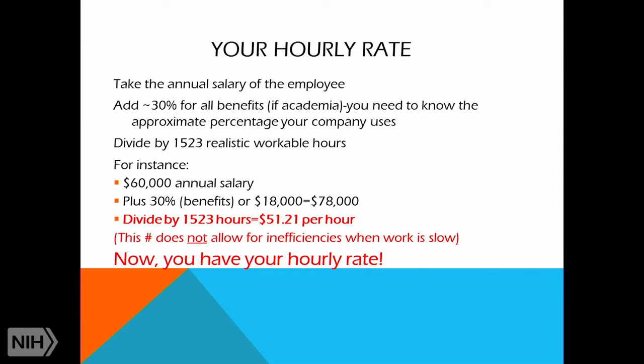And so you divide that by the 1,523 realistic workable hours in a year. If you have $60,000 as my example for salary, plus 30% for benefits, which is $18,000, that's $78,000. You divide by the 1,523 hours, and it's $51.21 an hour. So this does not allow for inefficiency, but that would be your hourly rate if you wanted to break even.